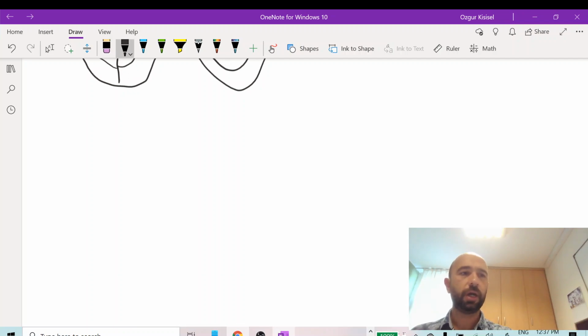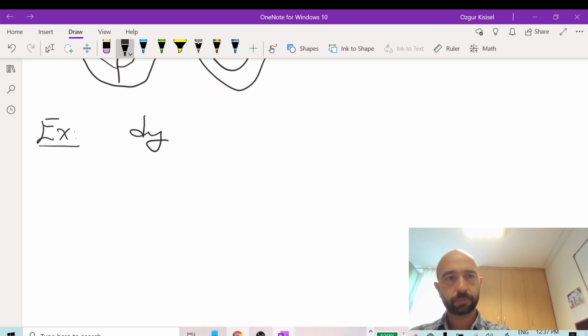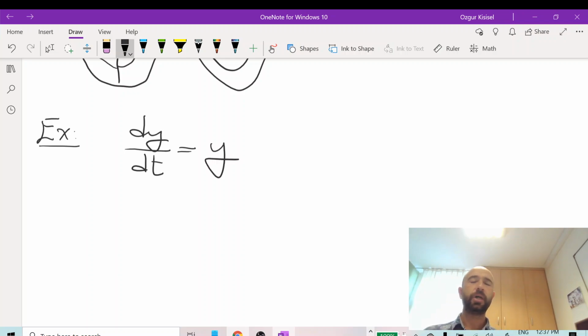Okay, now let's do a second example. This time, on the right-hand side, I'll put y. Now, this is not calculus. It's differential equations because I cannot simply integrate.